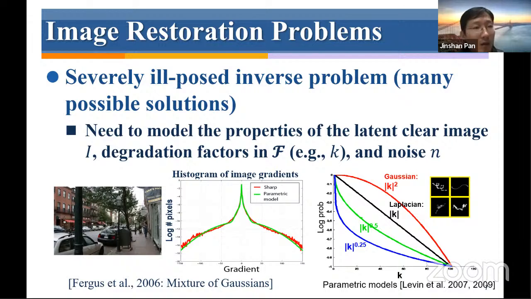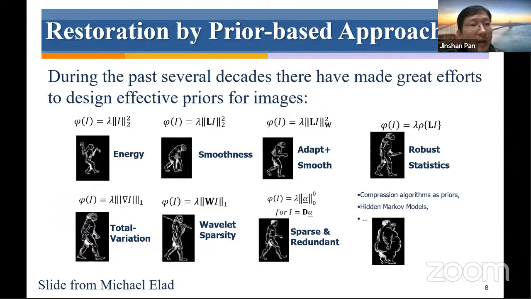Most conventional image deblurring methods mainly focus on designing effective image priors. During the past several decades, significant efforts have been made to design effective image priors to solve image restoration problems. This slide is from Michael Elad, which gives the evolution of the image priors.